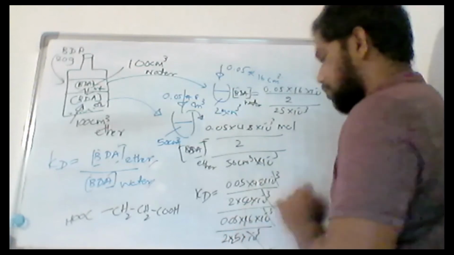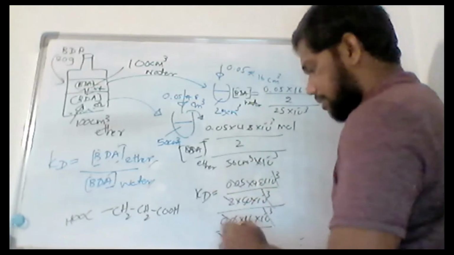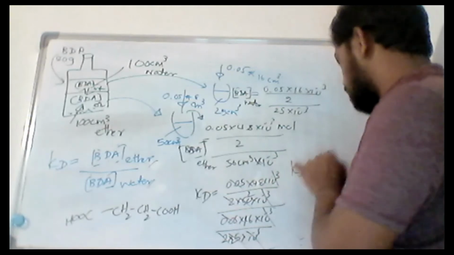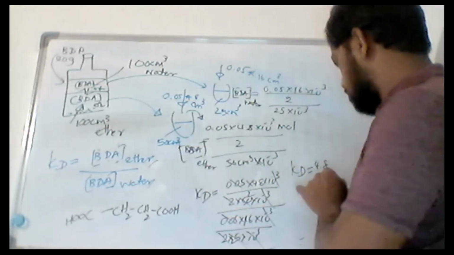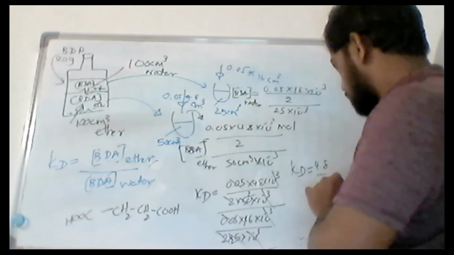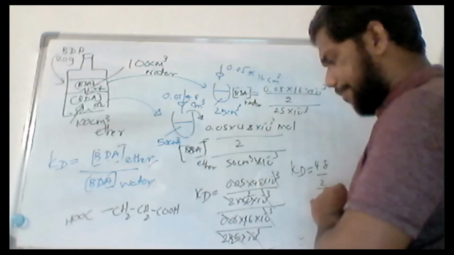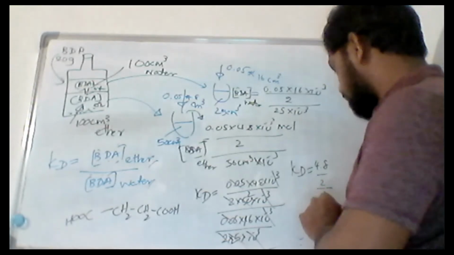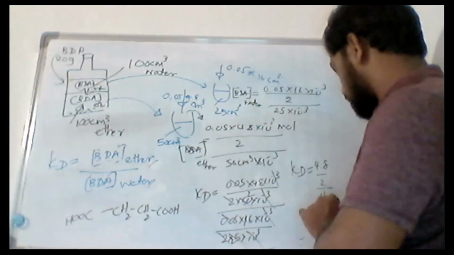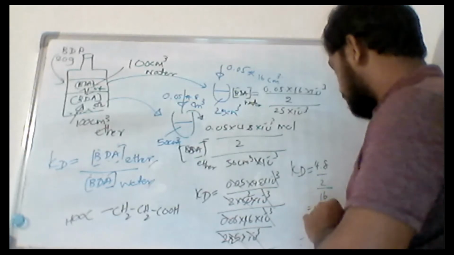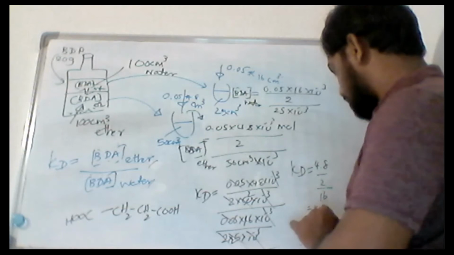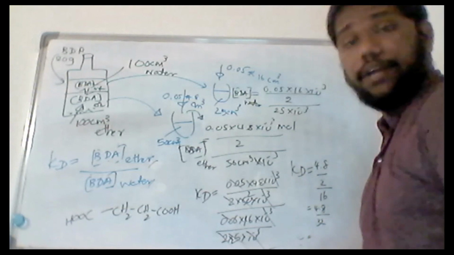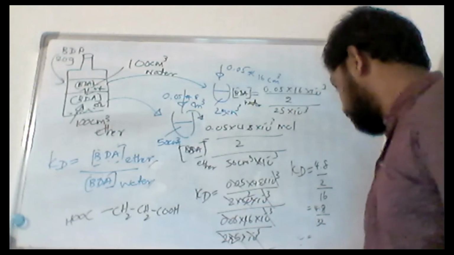So this one cancels, this cancels, this cancels, this cancels too. So my Kd is 4.8 divided by 2, then divided by 16. So in fact, my Kd is 4.8 divided by 32, which is 48 divided by 320.